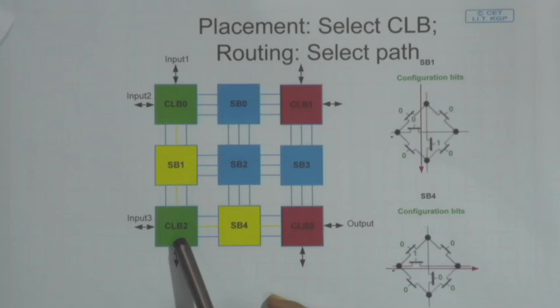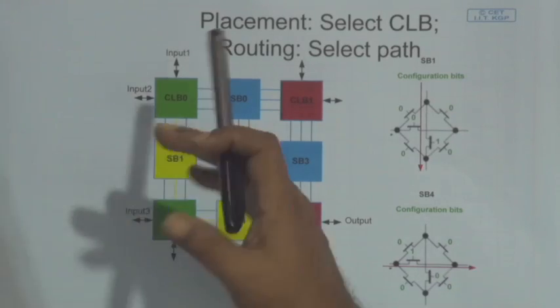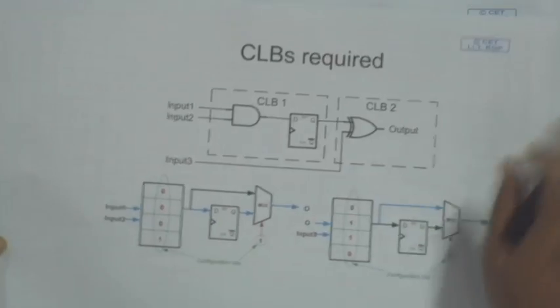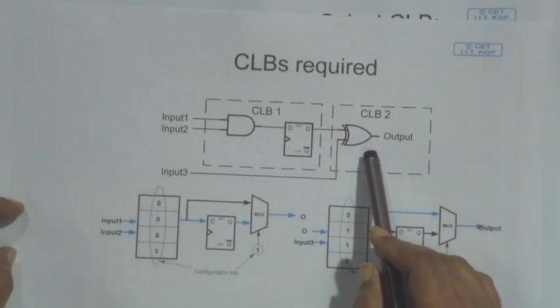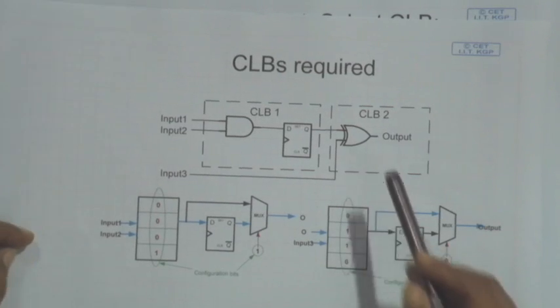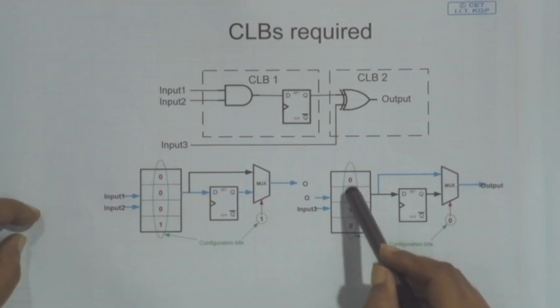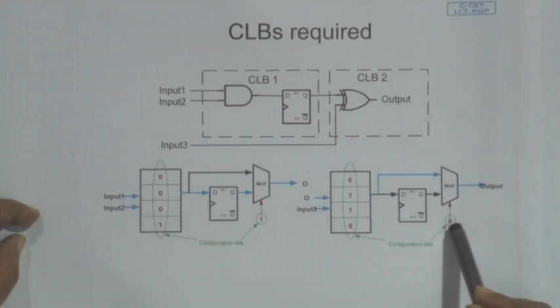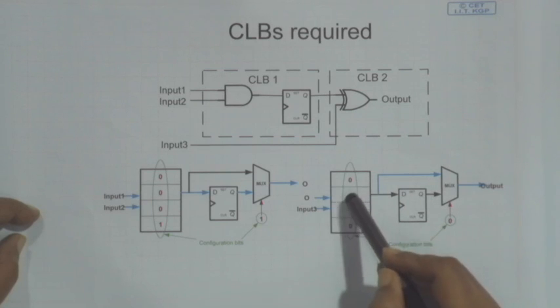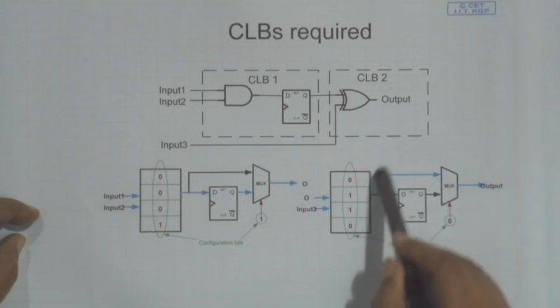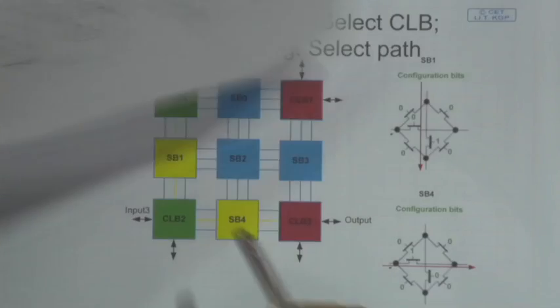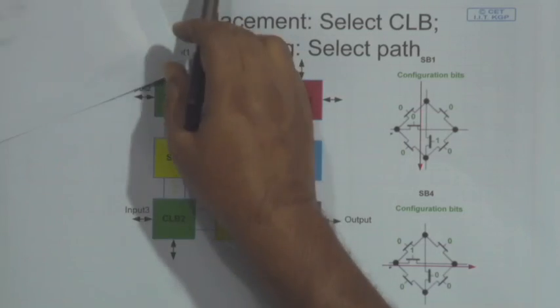If I want to have this logic circuit implemented in CLB2, then what would be my programming bits? 0, 1, 1, 0 and 0 for the multiplexer. So, that should go for the CLB programming here.